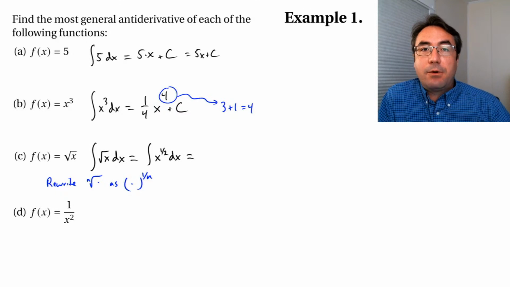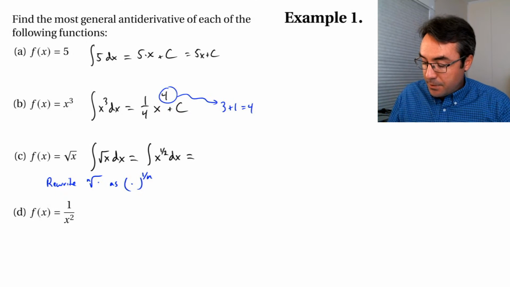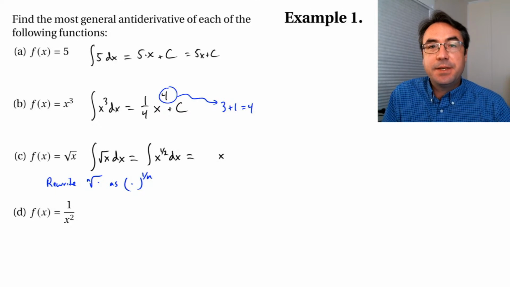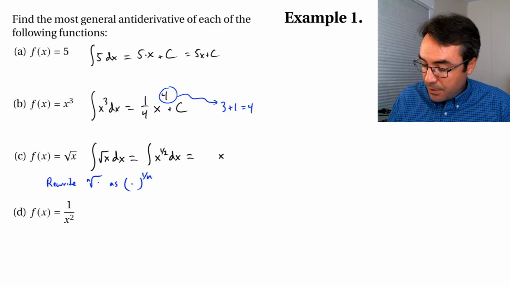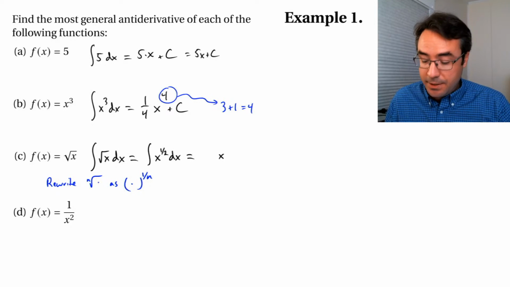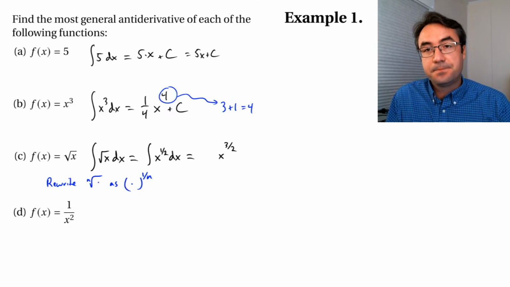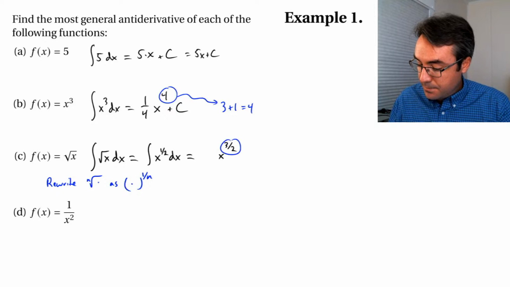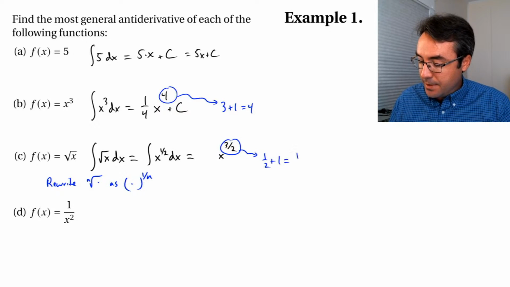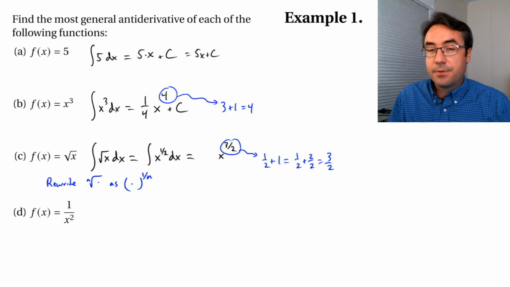And now we're going to do power rule. So our variable is x. Leave a little bit of space there. Our variable is x. We add 1 to the exponent. So 1/2 plus 1 is 3/2. And again, where does that come from? Well, our old exponent was 1/2. We add 1, get a common denominator if you need to, and then we end up with 3 over 2.